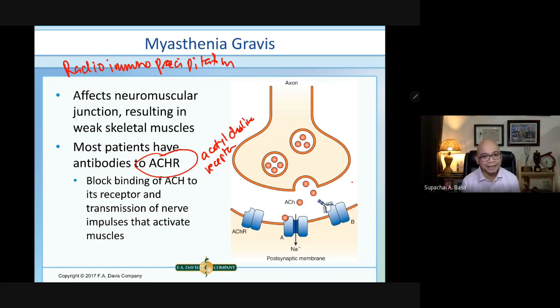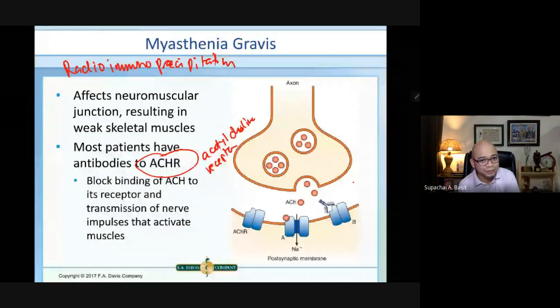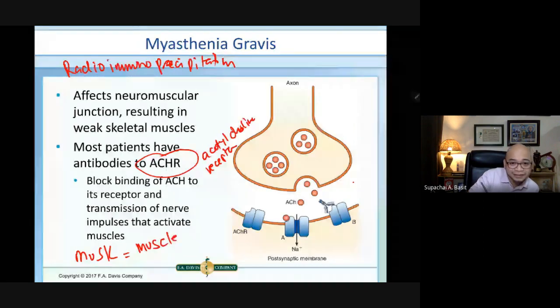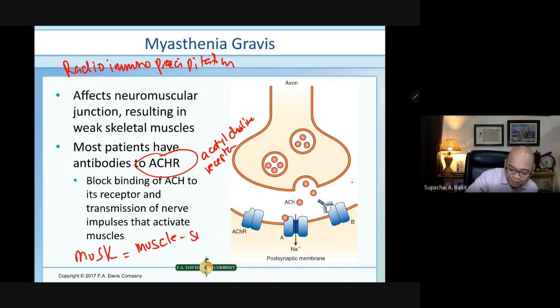More recently, it is detected by ELISA or by fluorescent immunoprecipitation technique. Okay, a small percentage of patients produce antibodies to MuSK, which stands for muscle-specific kinase.